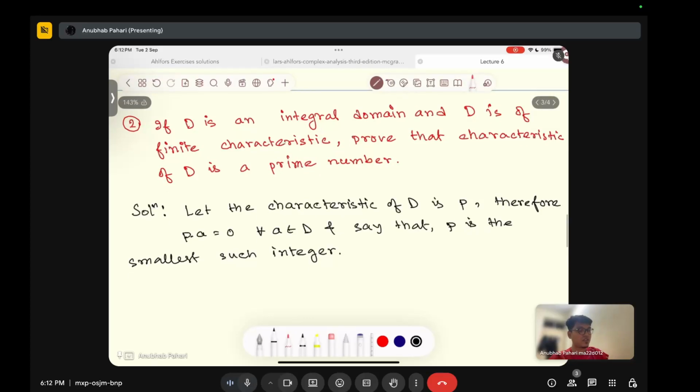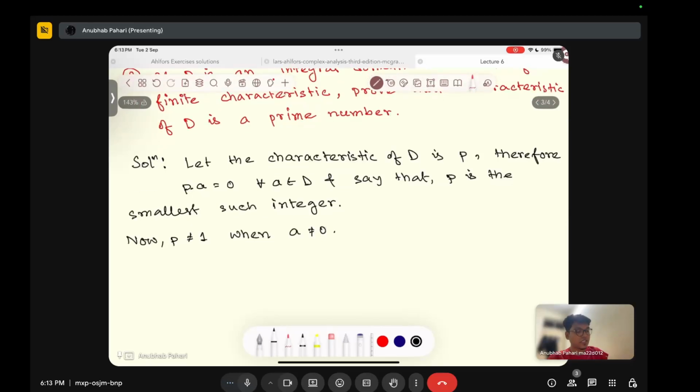Now one thing to note, that when A is non-zero, then P cannot be 1, right? Because if P is 1, then A equals to 0, which contradicts our assumption. So P not equals to 1 when A is non-zero.